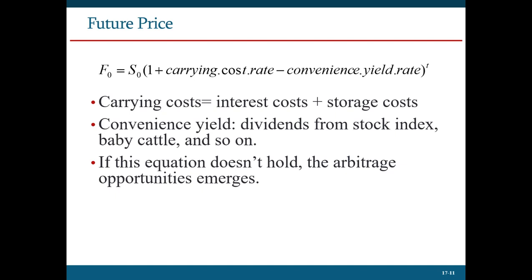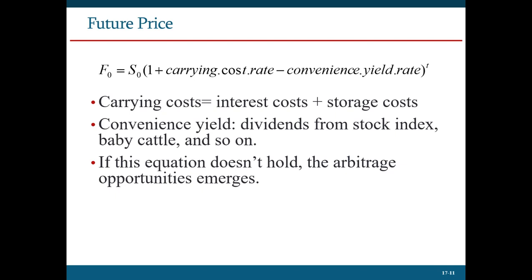Essentially, F0 is the futures price in the futures contract for a certain underlying asset, right? Let's say for a 3 months futures contract, or a 12 months futures contract. This futures price is a function of the current underlying asset price. S0 is the current asset price, right?